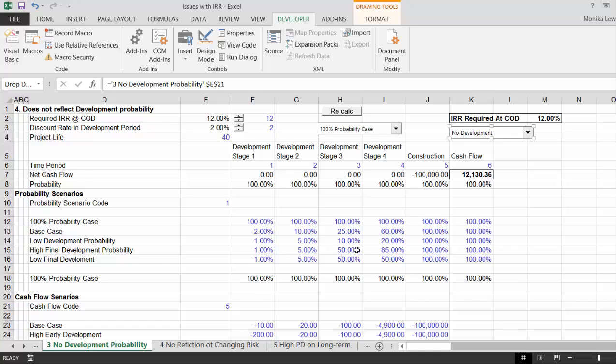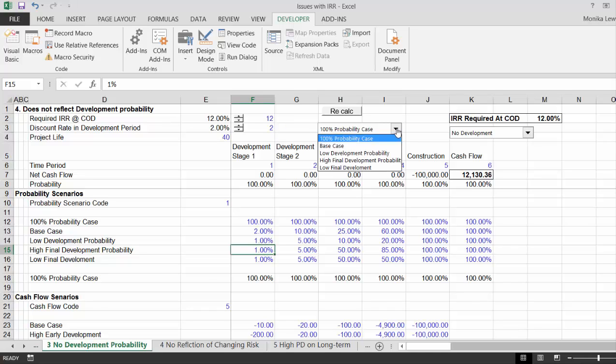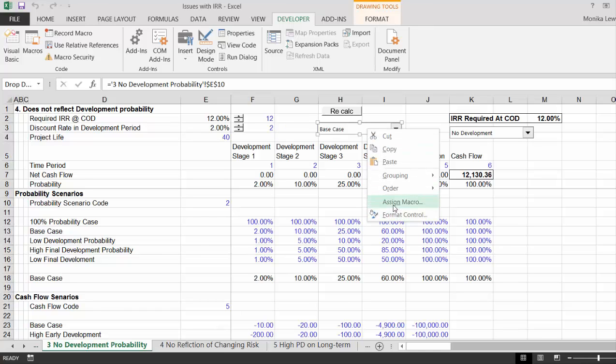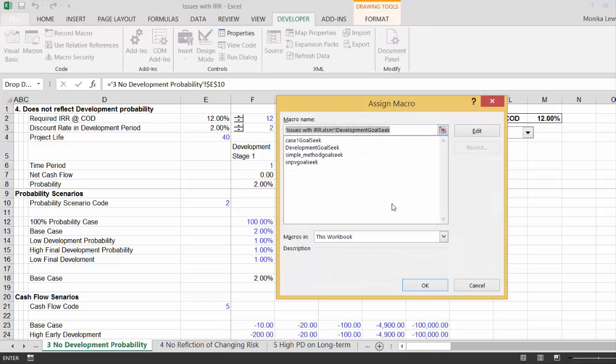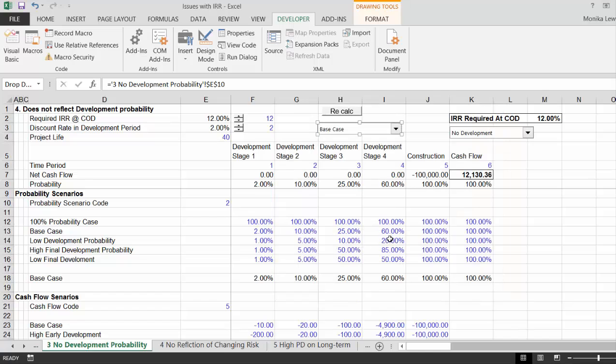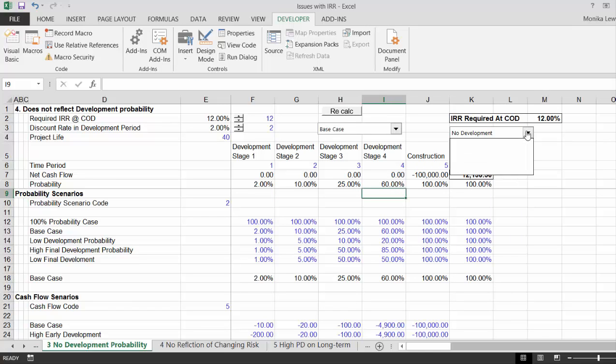Now, if we go through some different scenarios, if we have a base case development series, and of course we have a base case development expenditure, then we need an 18% IRR.